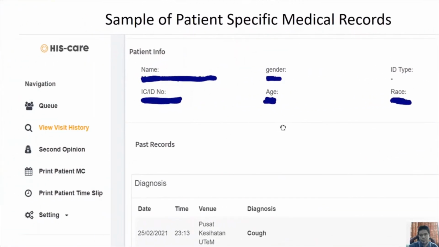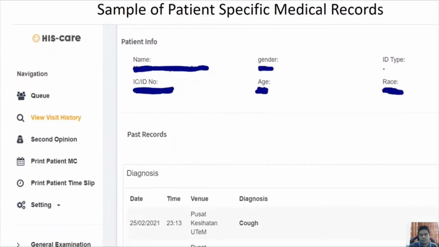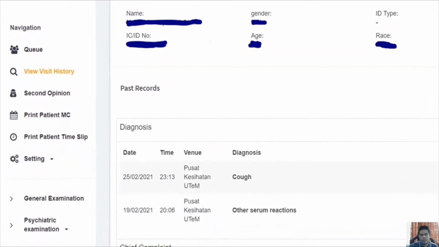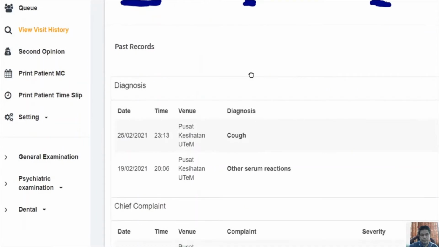Normally the doctor will browse your patient medical record, and then they will see your previous diagnosis. Last time in pusat kesihatan you had a cough, yeah?